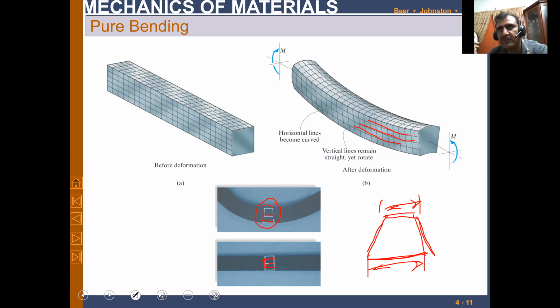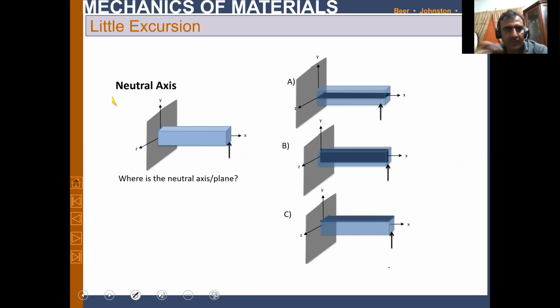So we know whenever you have increase or decrease in the length, we deal with the normal strains, because normal strain deals with the change in the length of the segment, whereas the torsion or the torque causes angular deformation of that particular component. Since there is no angular deformation, we are not dealing with the torsion. In this particular case of pure bending, we will be dealing with the normal stresses and normal strains.